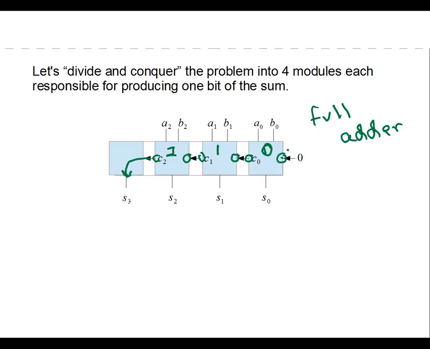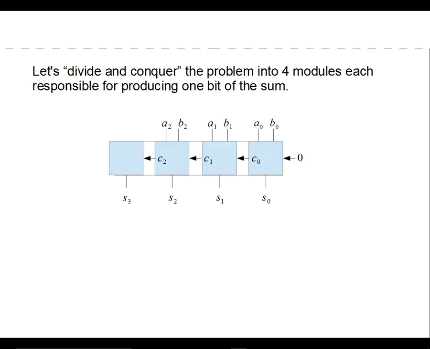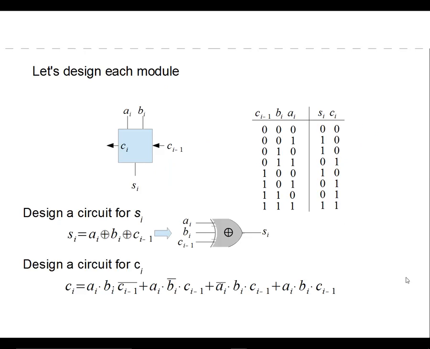And so what happens is if we can build something that takes the carry in, which is right here, takes the 2 inputs, and produces an output and the carry out, we can cascade these to add any number of bits that we want by using this full adder. So if we take this thing apart and show it here, we can design each module. Designing each module looks something like this.